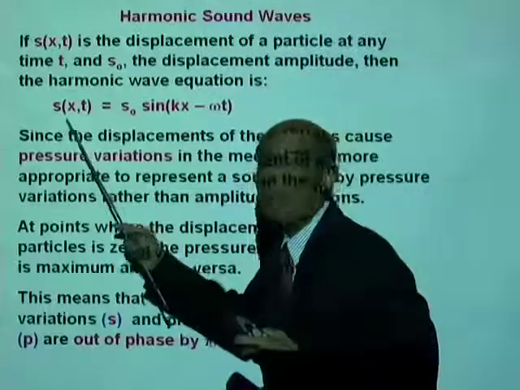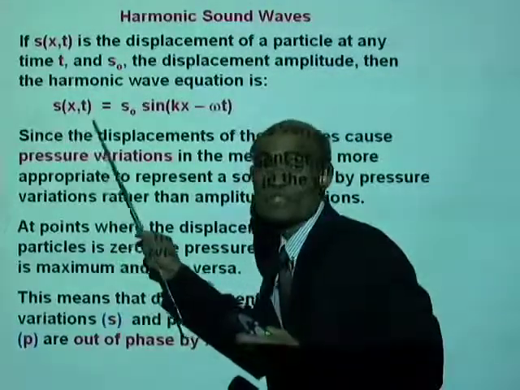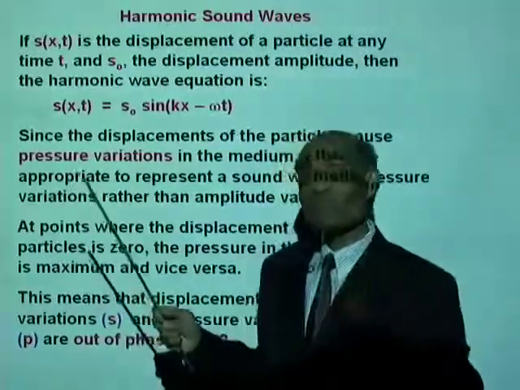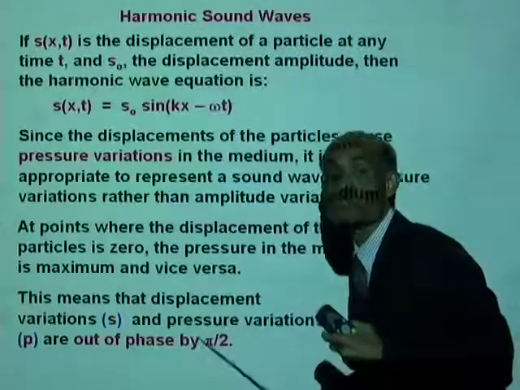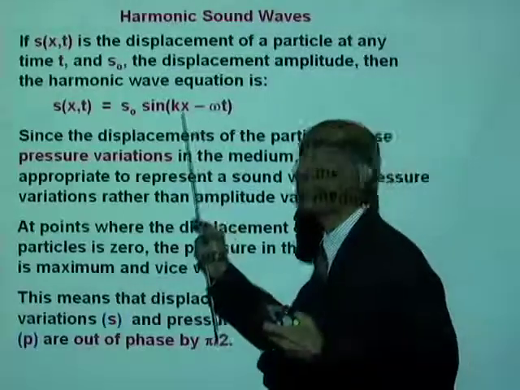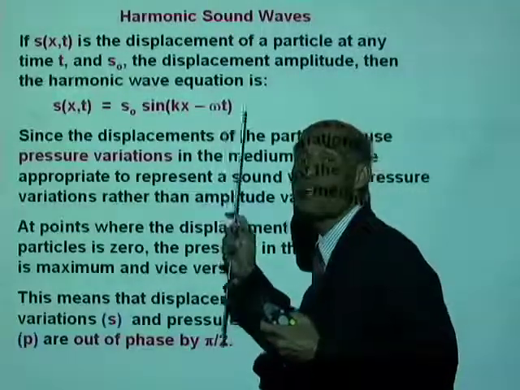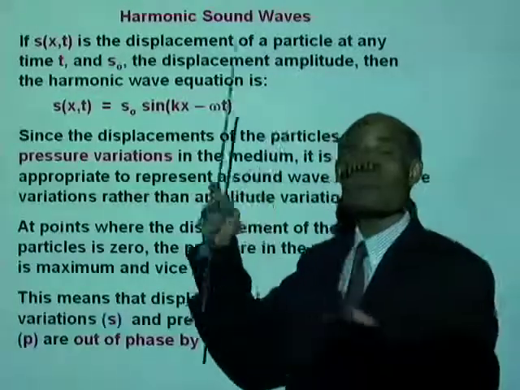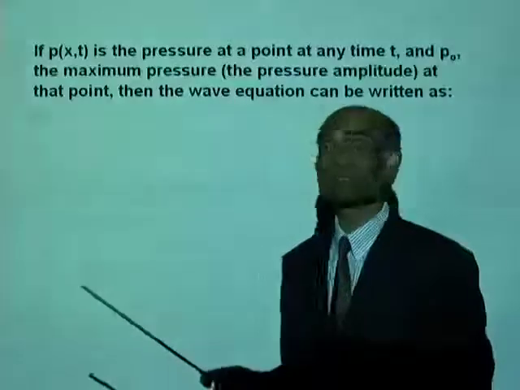So if you want to rewrite this equation for the displacement using the pressure variations, you must take into account this phase difference. So what will change there is kx minus omega t will now become kx minus omega t plus pi by 2. That will take care of the phase difference.